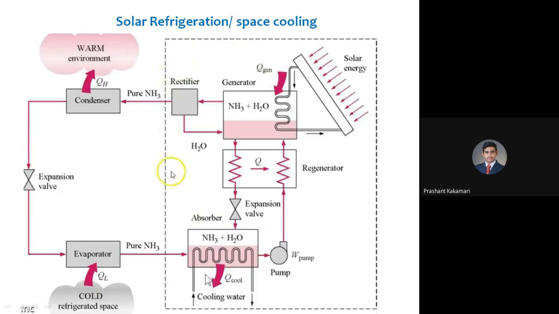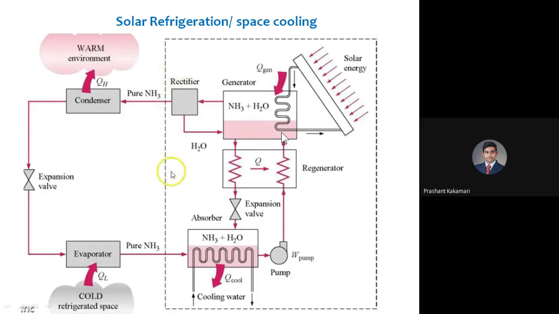Now in the absorber, the ammonia and water are mixed together. The water absorbs the ammonia vapors, and after converting that into liquid form, that liquid will be pumped to the heat exchanger. Through the heat exchanger, it will be supplied to the generator.